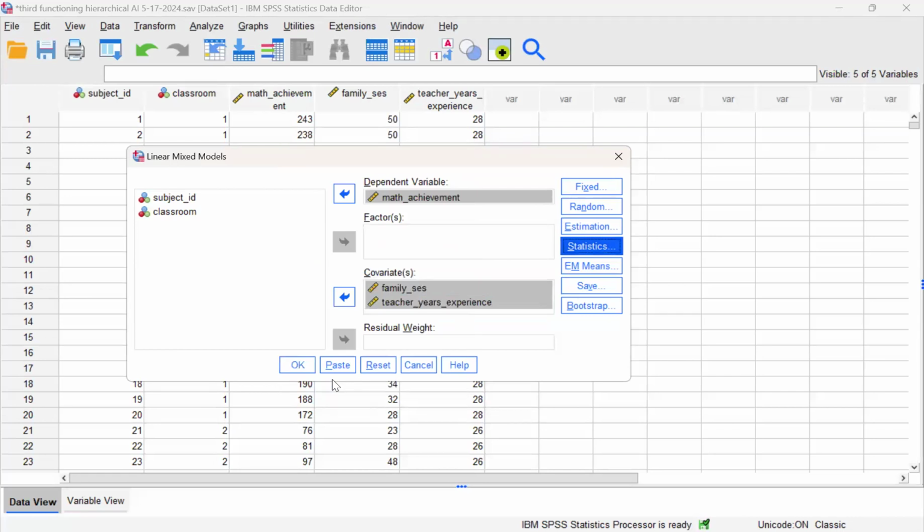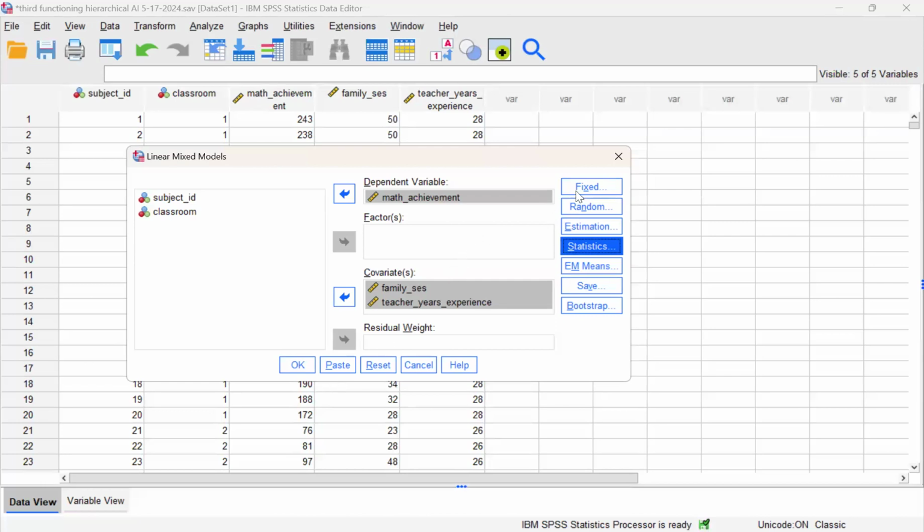Now, at this point, I just want to see what the mean and the variance of math achievement is. And so I'm not going to add anything into my combined equation at this point other than to ask for the mean and the variance. SPSS thinks in terms of the combined equation.